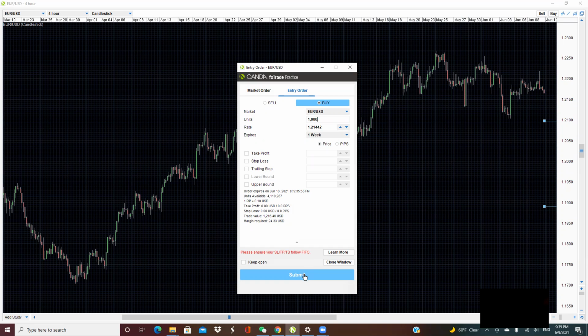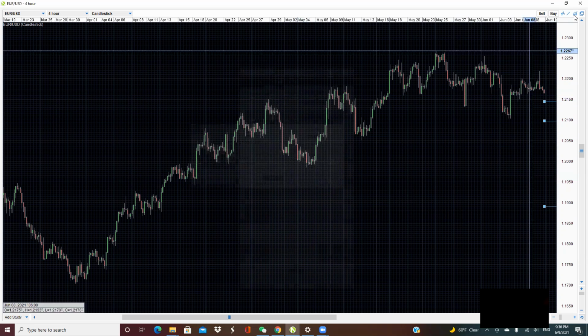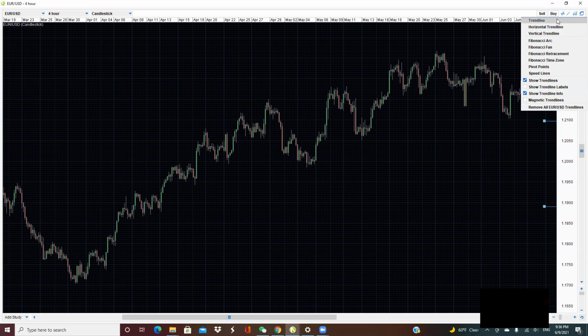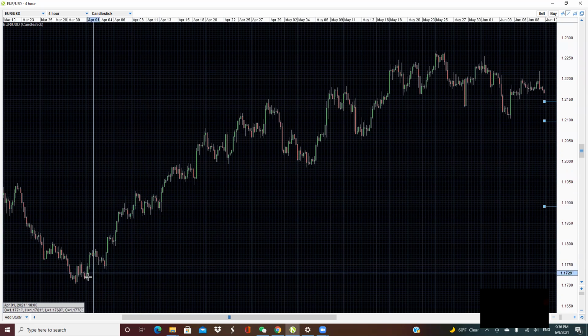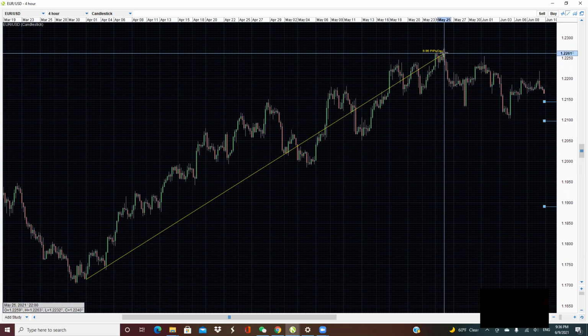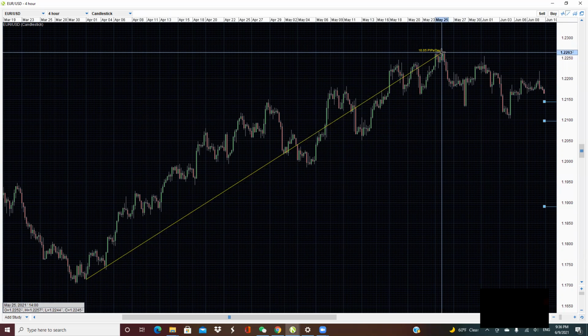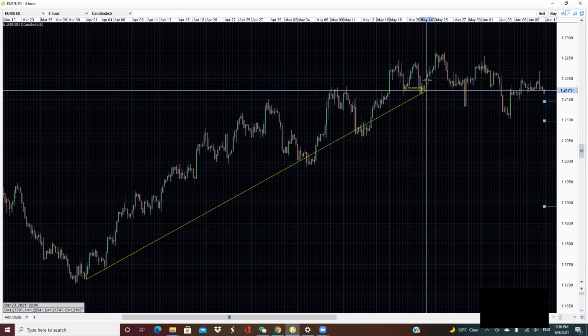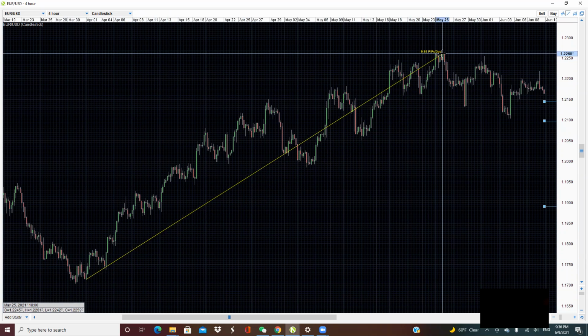Sometimes each day, the movement can be, let's see, you can see from here to here, it's like 9, 10 pips a day. So that's like $1 a day. If you buy from here all the way to here, that's $10 for you.